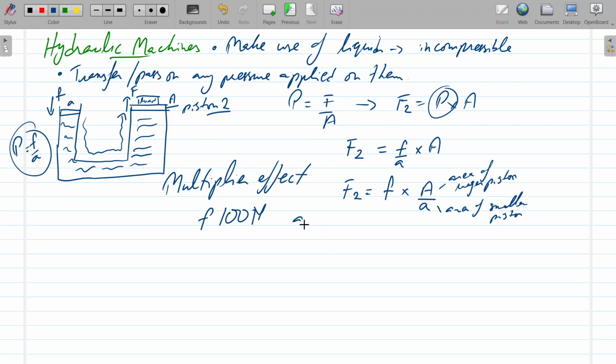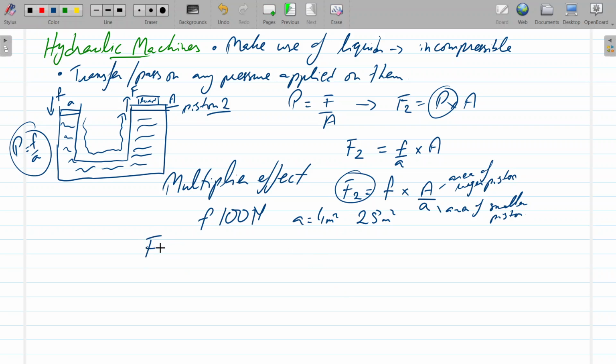Small a, for example, is 4 meters squared, and large A, for example, is 25 meters squared. I'm just giving random numbers. So the question is, how much will F2 be?